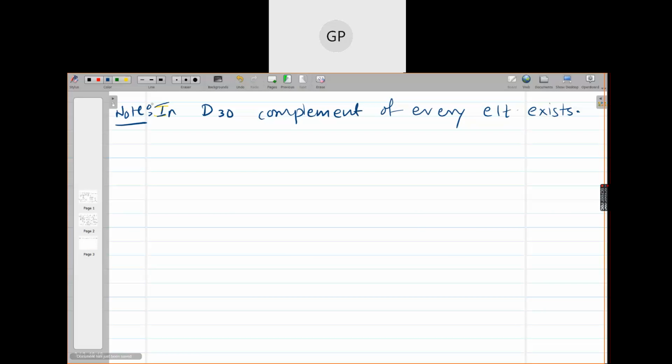In D30, complement of every element exists. Okay, this is the note you can write, and later on we will define complemented lattice. Okay, now I will show you one example where certain complements do not exist.